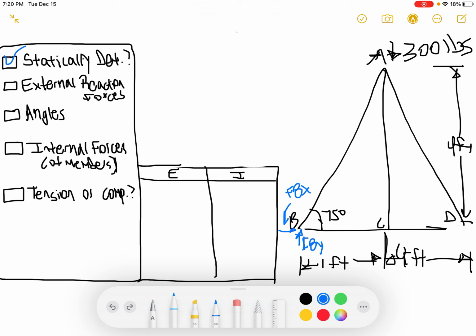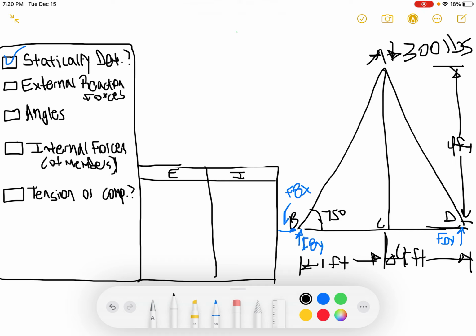And then there's only one force for the roller, where the roller was, and that's only a Y force, so that's FDY. Since this is joint D, we'll say FDY, and Y because it's pointing up. That's not the only thing we have to do, though. Just because we know what we can call them doesn't mean we're done.